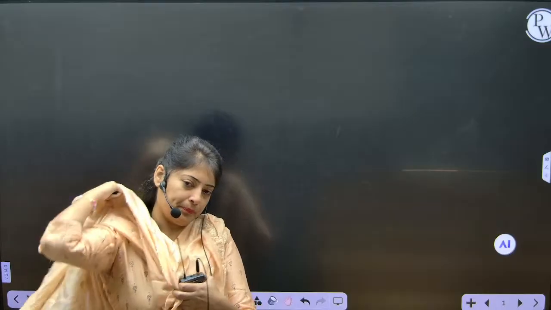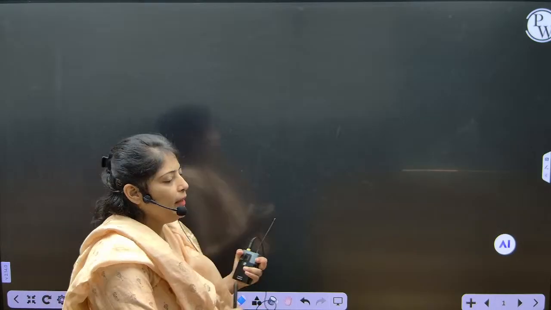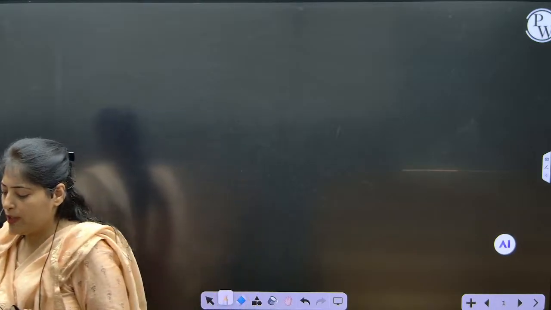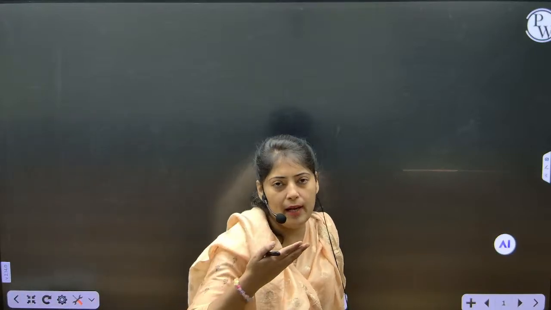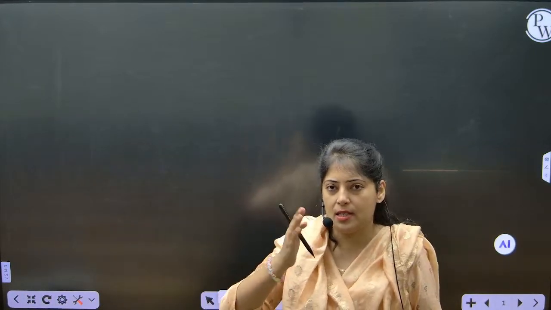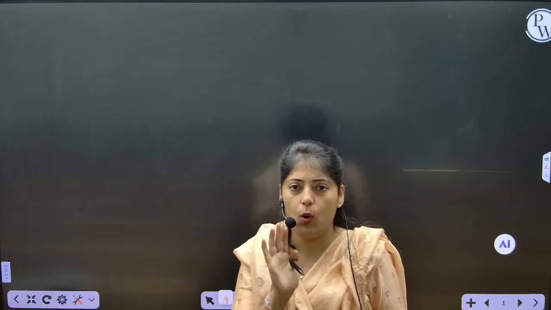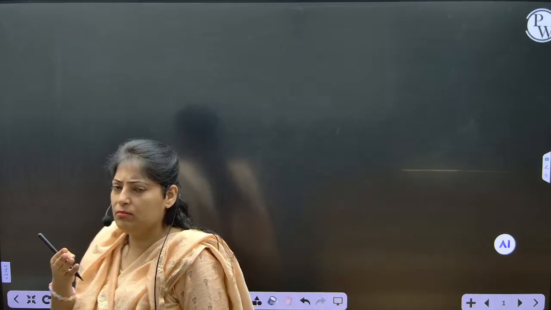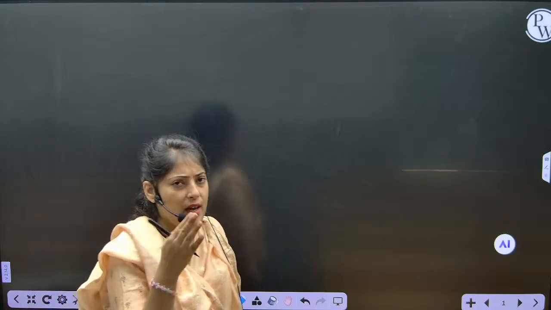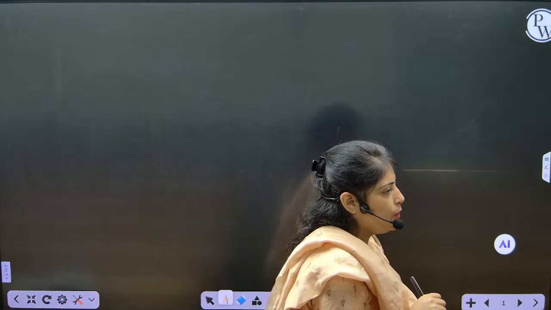So we'll continue today. Let me write a few questions. Before that, I just want to tell you one more thing: we have already done types of matrices, skew symmetric matrix, symmetric matrices. These kinds of things we have already done. Types of matrices means row matrix, column matrix, and all those things.